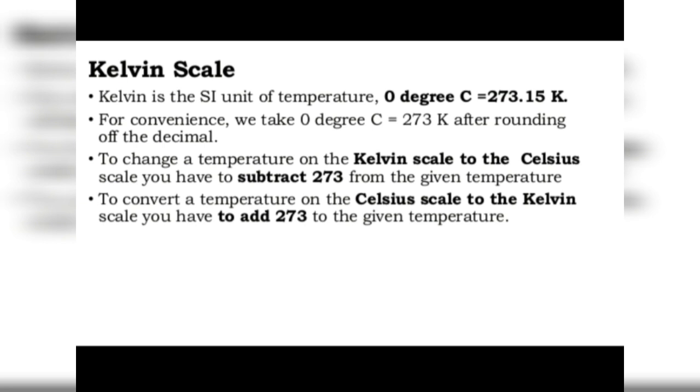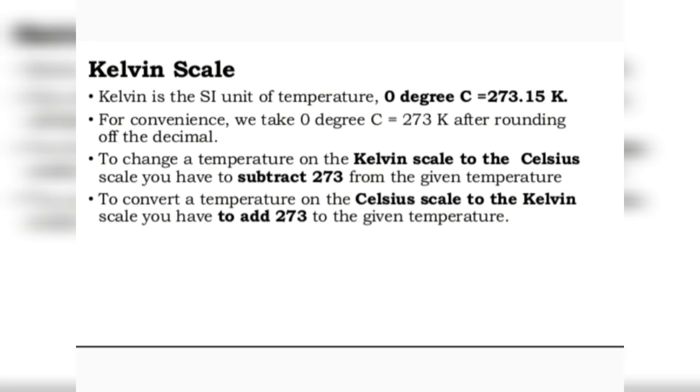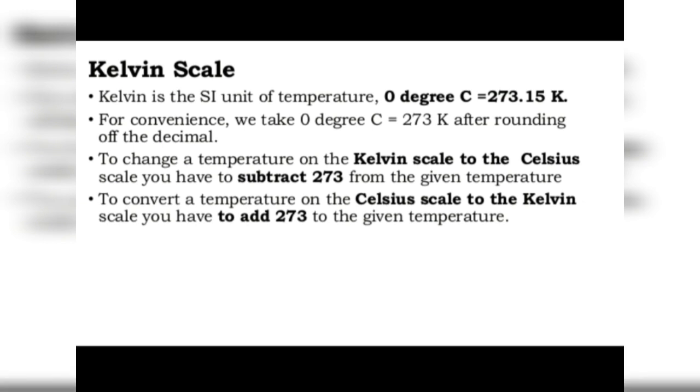Say for instance, we have the temperature on Celsius scale, that is 0 degrees Celsius. If you have to convert 0 degrees Celsius into Kelvin scale, just add 273. 0 plus 273 gives you 273. So on Kelvin scale it's 273 Kelvin, but on Celsius scale it's 0 degrees Celsius.